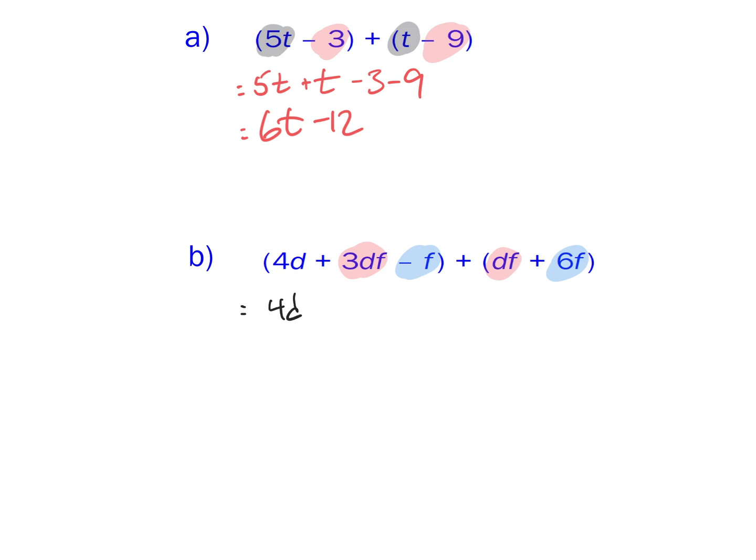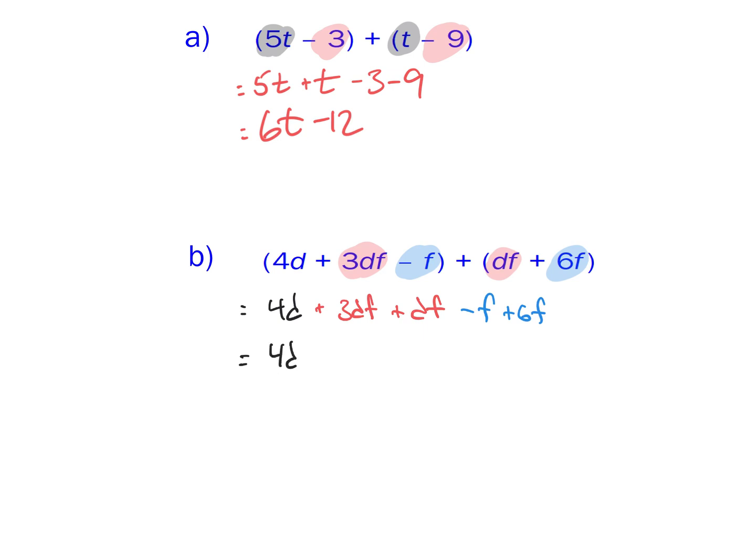Then we could put the 3DF together with the DF. And last but not least, we'll put the negative F with the 6F. And then it's just a matter of combining our like terms.